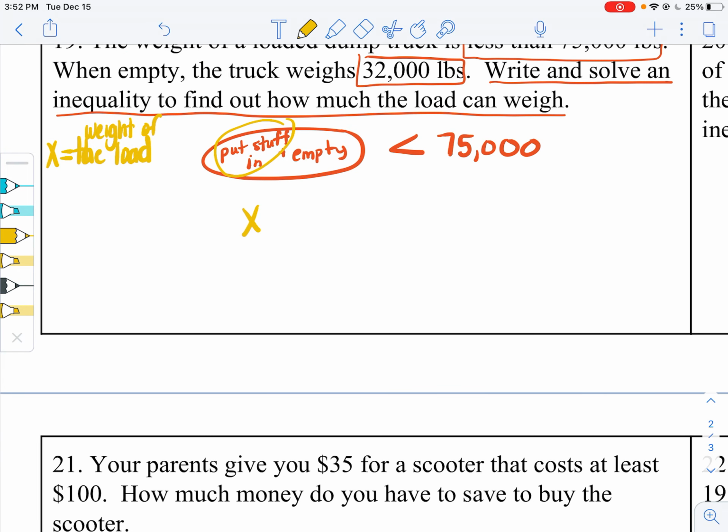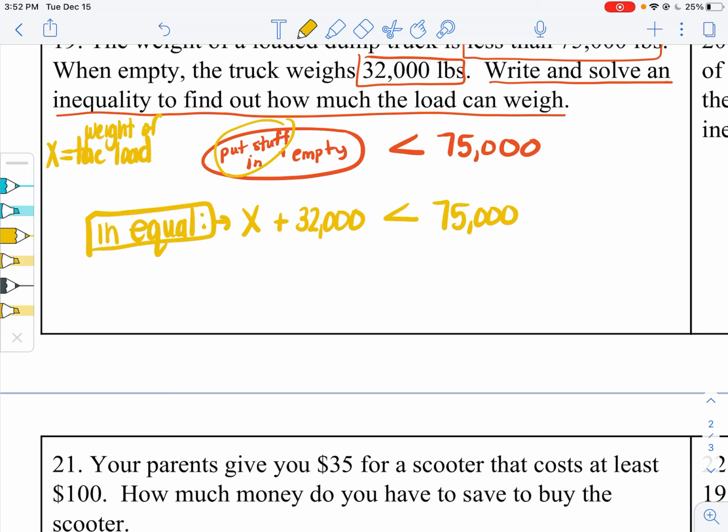So the load plus just the truck, the empty truck, without anything in it, has to be less than or equal to 75,000 pounds. Okay, so how much can we put in? So here is our inequality. It's like writing the equation, but it's not an equation because it's not an equal sign. So we call it the inequality.